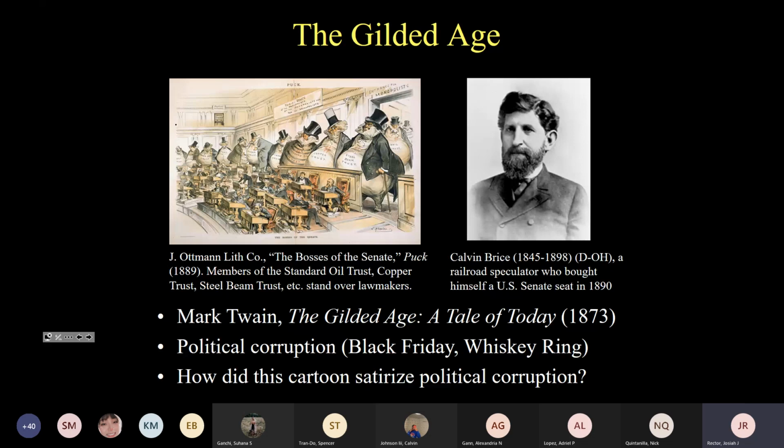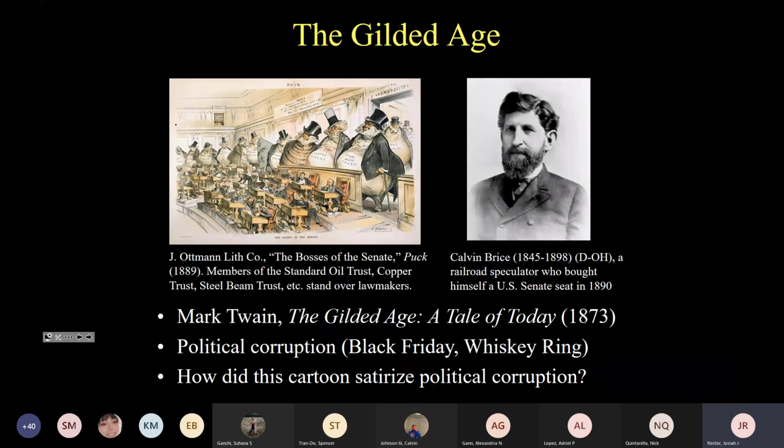In the case of the Black Friday scandal, a railroad tycoon named Jay Gould, one of the so-called robber barons of the era, enormously wealthy guy, he bribed the assistant treasury secretary under President Grant, Daniel Butterfield, with $10,000 to get inside information on Grant's fiscal policies.